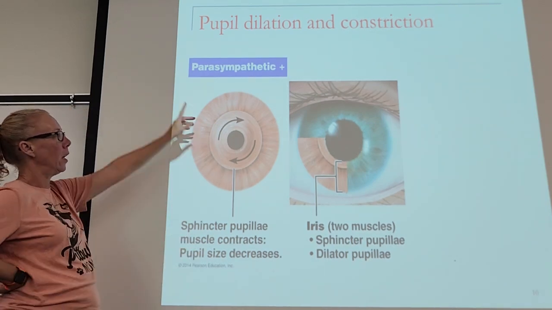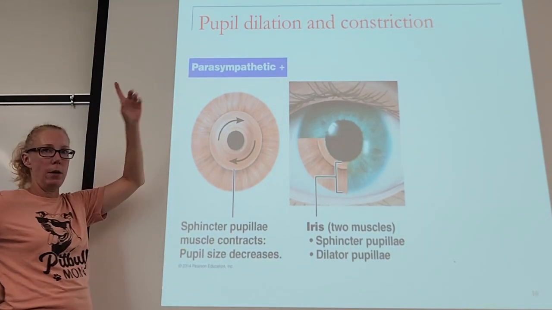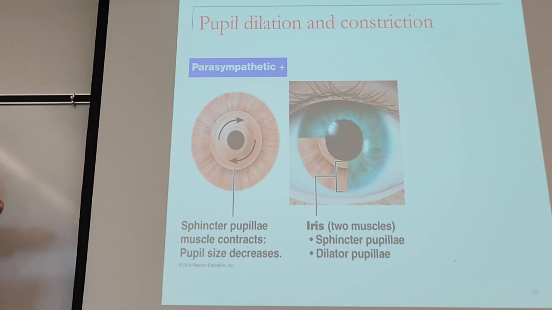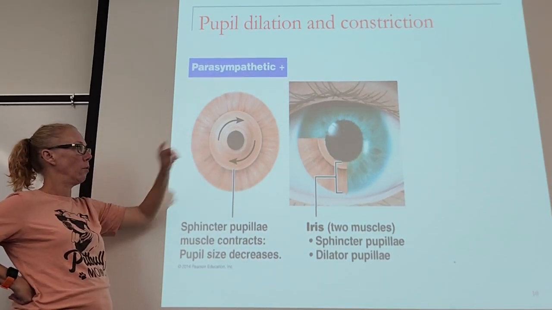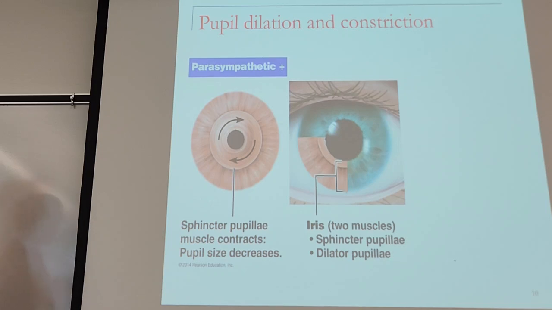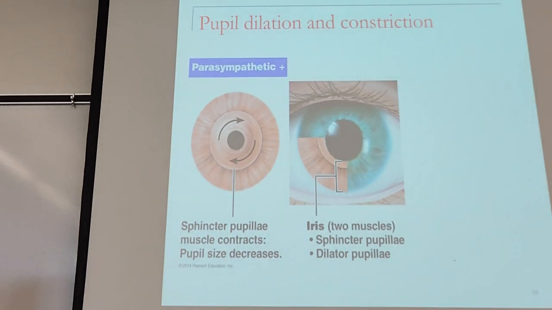So, in parasympathetic situations, when you're resting and digesting, like right now, you want to focus on things that are closer to you. So the sphincter muscle is going to contract, the dilator muscle is going to relax, and it's going to make your pupils smaller so that you can focus on things that are closer to you.